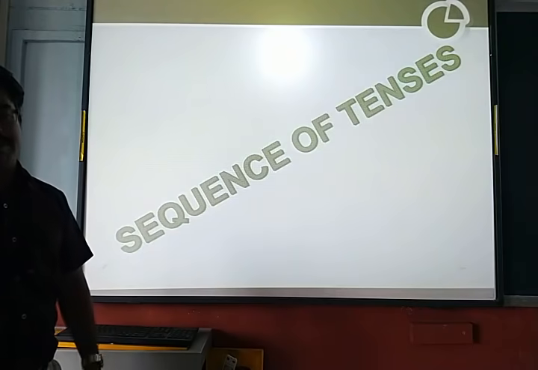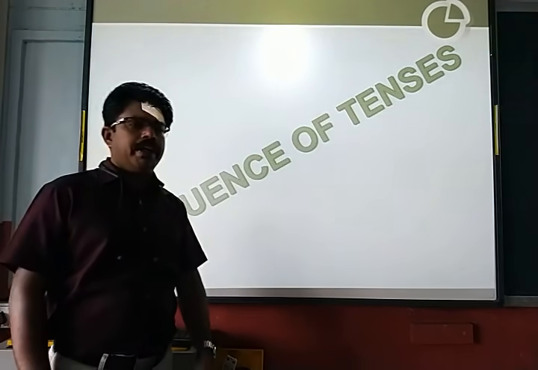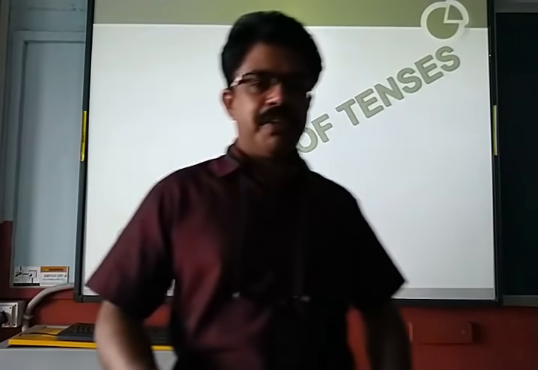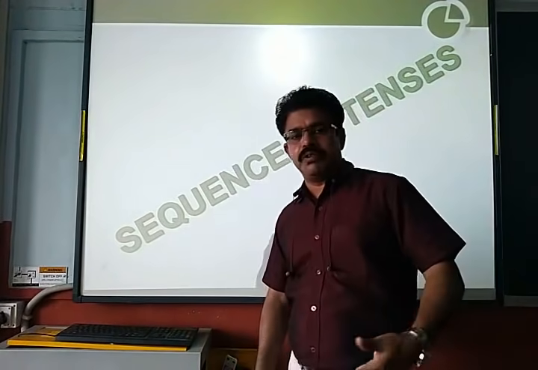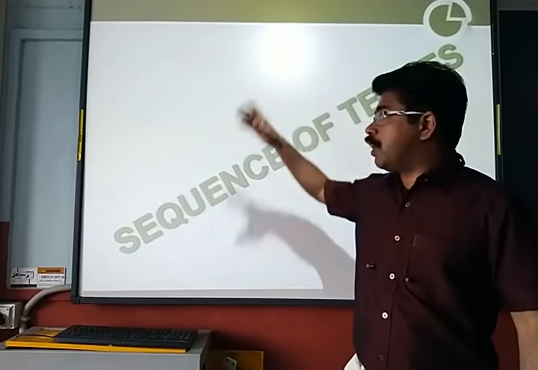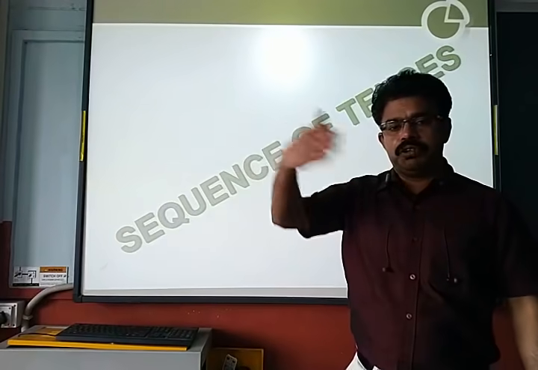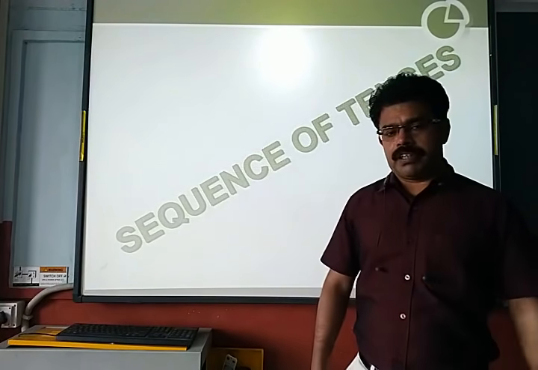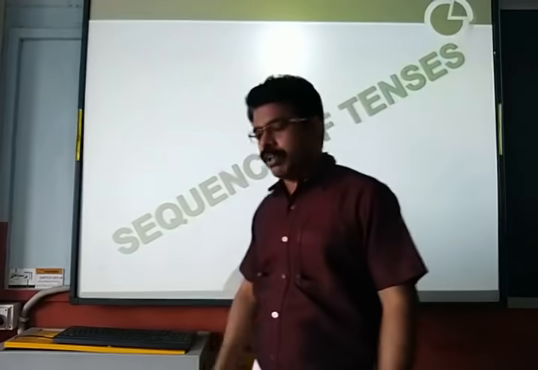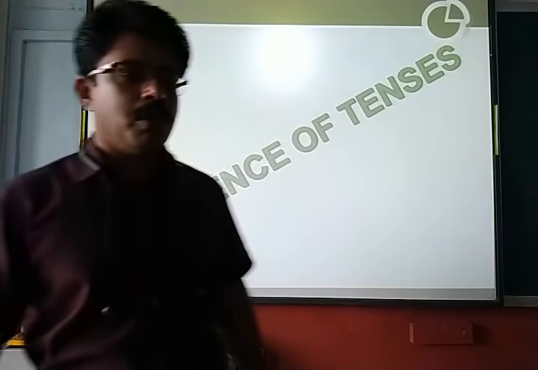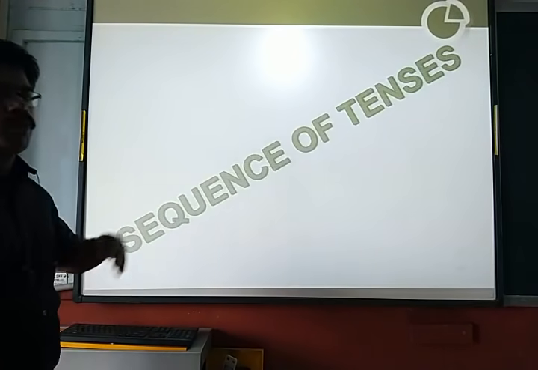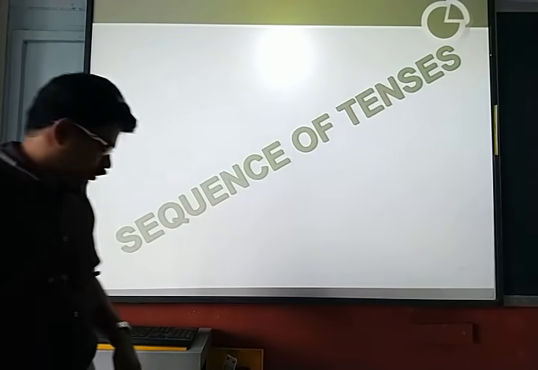Sequence of tenses. After learning tenses, we need to know where to use which tense, what type of tense has to be used together. When we speak about sequence of tenses, that will show which tenses or what type of sentences have to be used.